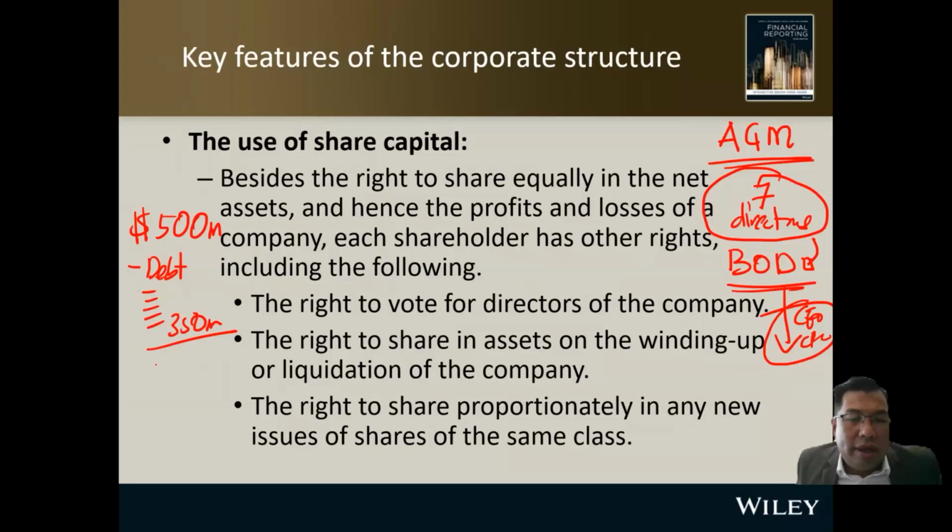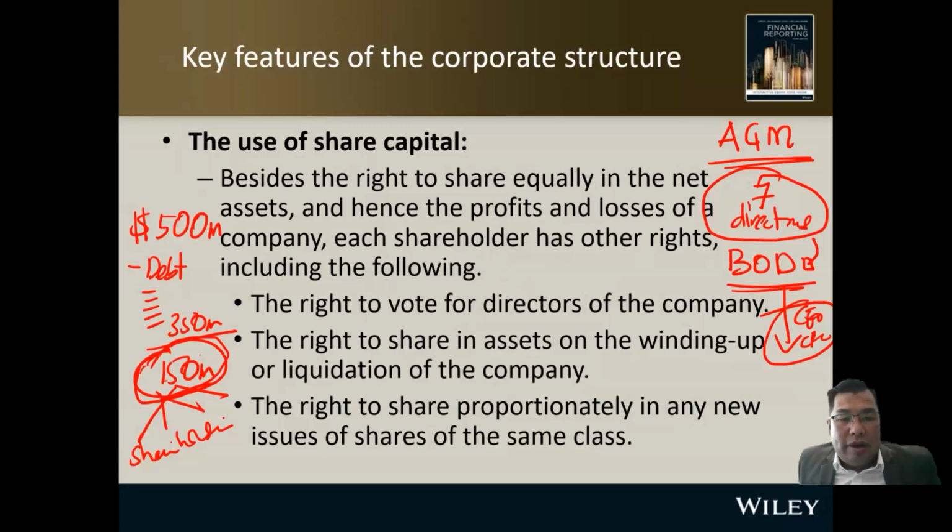So the balance, 150 million, is the amount left, the residual amount. This residual amount will be distributed to the shareholders. So the shareholders have the right to assets on the winding up or liquidation of the company.